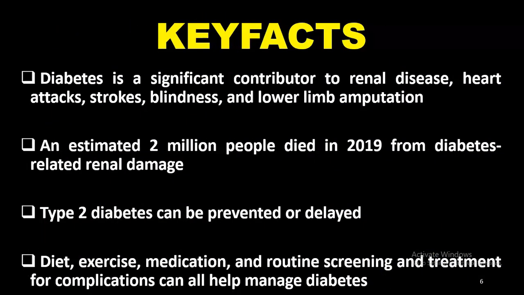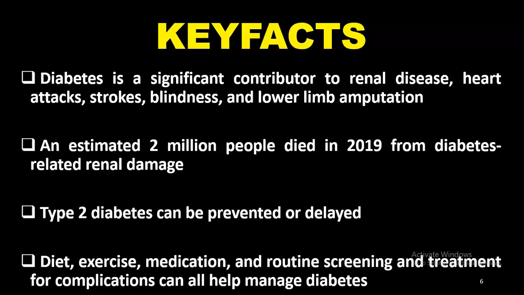So, key facts. Diabetes affected 422 million people in 2014, up from 108 million in 1980. Compared to high-income countries, prevalence has been increasing more quickly in low and middle-income nations.